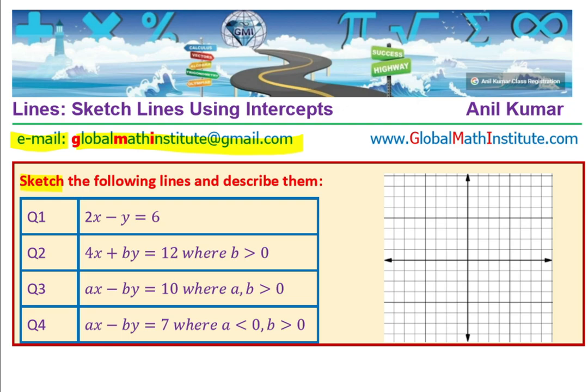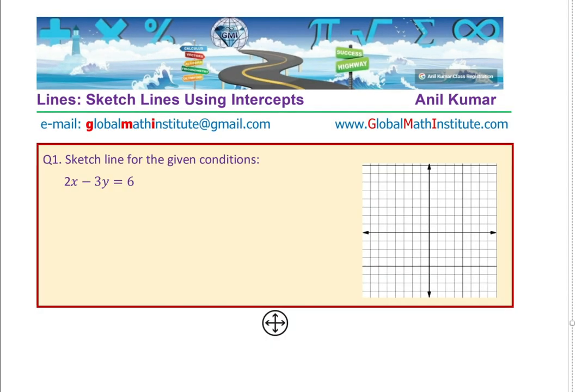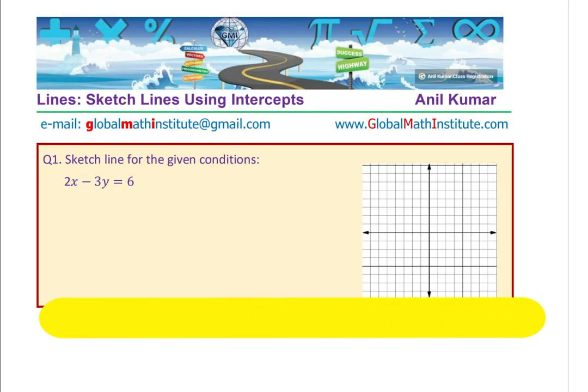Perfect. So let's see the very first question, where we will sketch a line for the given condition. The condition here is 2x minus 3y equals 6. So as we just decided, we will find the x-intercept and the y-intercept, correct? To find the x-intercept, what am I going to do?